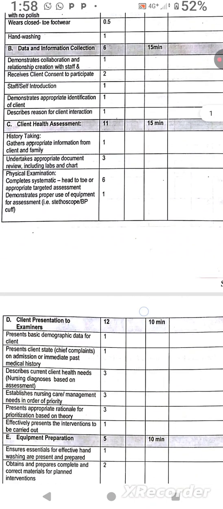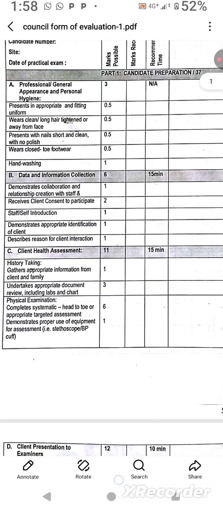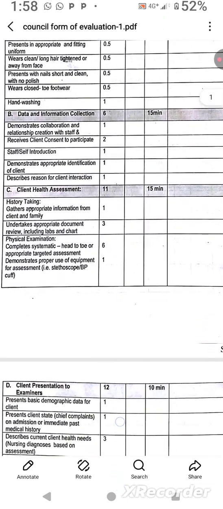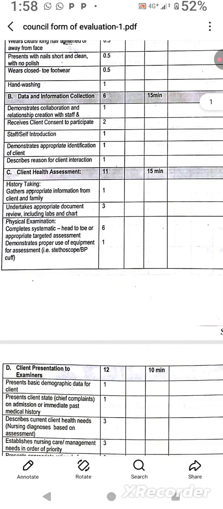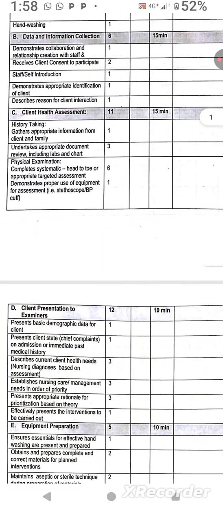The second is data and information collection, out of 4. The first one has 60 marks. Then demonstrate collaboration and relationship creation with the staff.